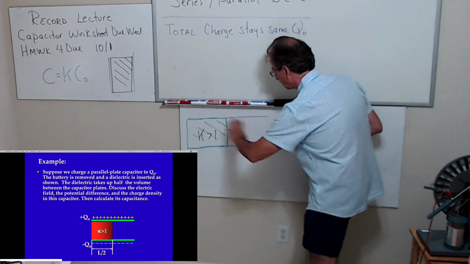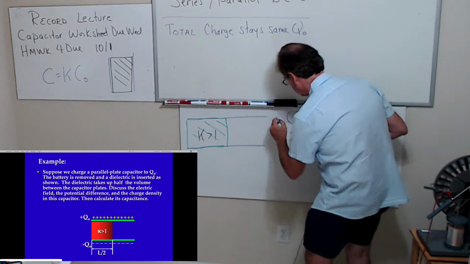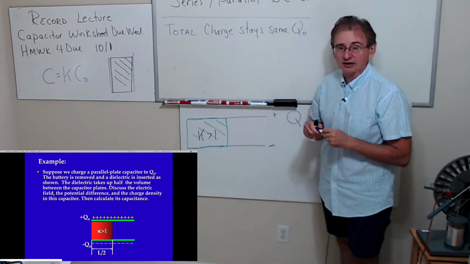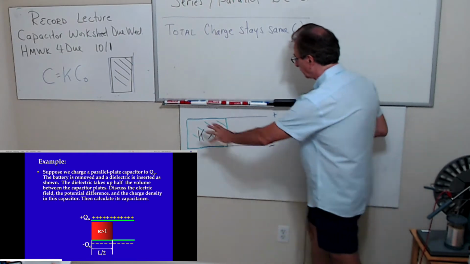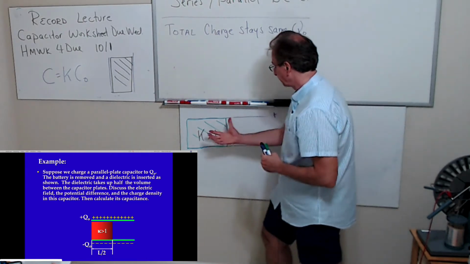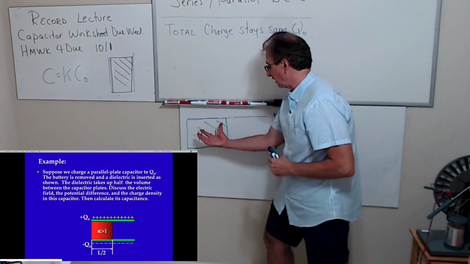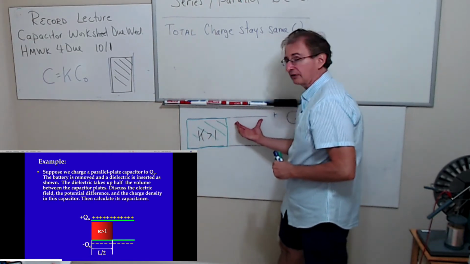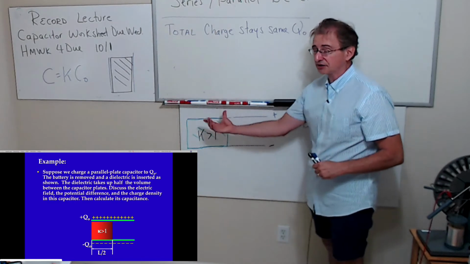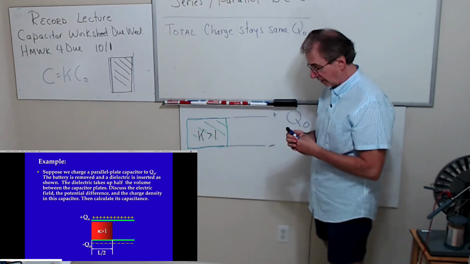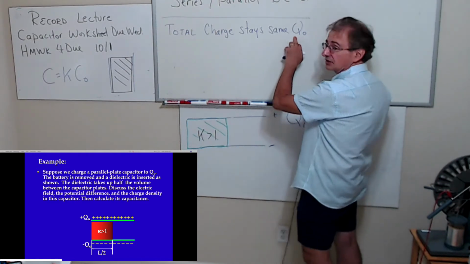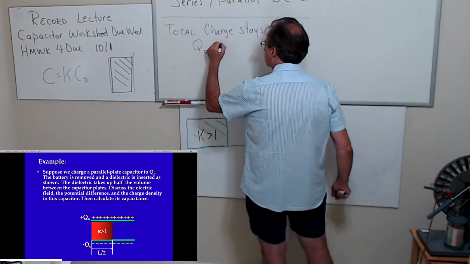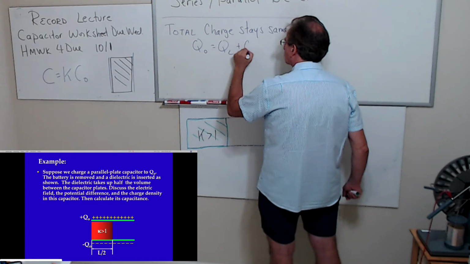Well, the charge is going to redistribute itself. So let's make the top one plus and the bottom one minus in terms of charge. The charge will redistribute itself so that the amount of charge on the left-hand side is going to be different than the amount of charge on the right-hand side. The charge density will be different on the left and the right, but the total charge stays the same. So I can say that Q naught is equal to Q left plus Q right.